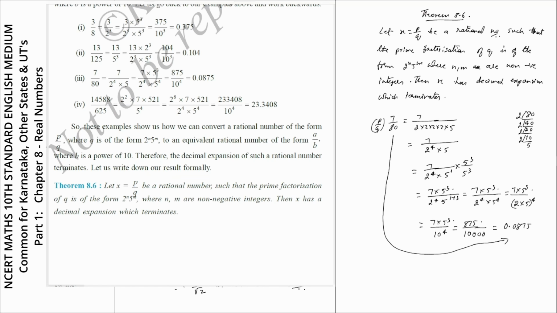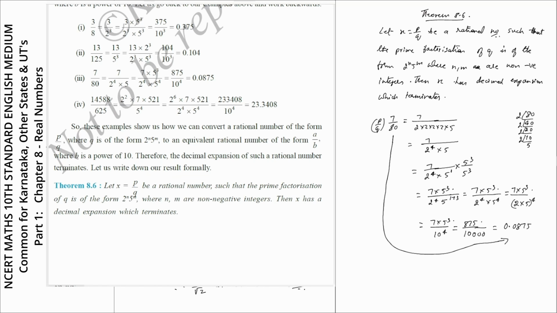So 7 by 80 we got as 7 by 2 to the power of 4 into 5 power of 1. So ultimately after simplification we reduce that 7 by 80 into a decimal which is terminating.